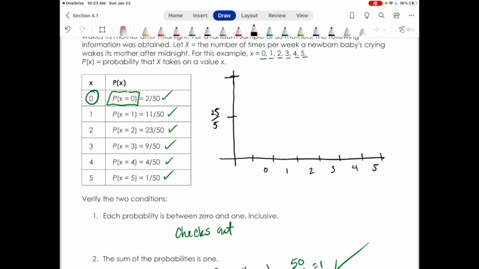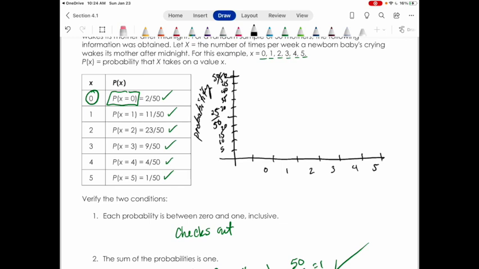On the side here, I'm going to write the probability: 5 out of 50, 10 out of 50, 15 out of 50, 20 out of 50, 25 out of 50, and then 30 out of 50, 35, 40, 45, and then we have 1, which is 50 out of 50.